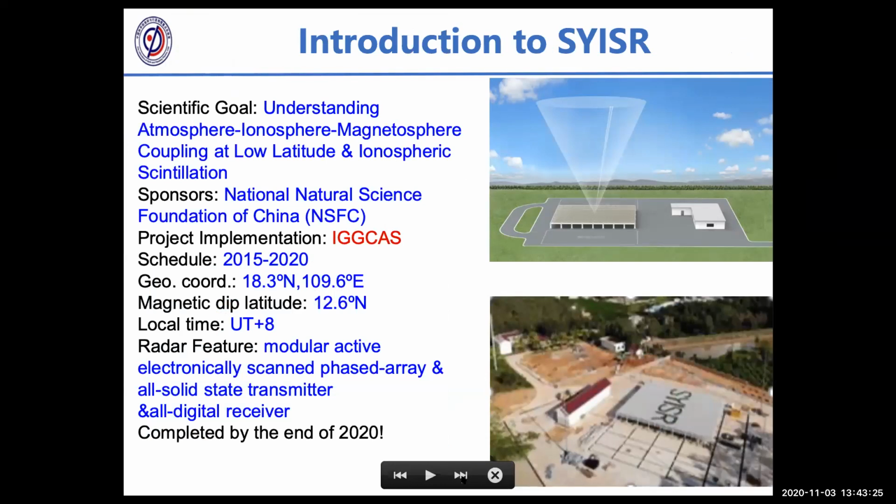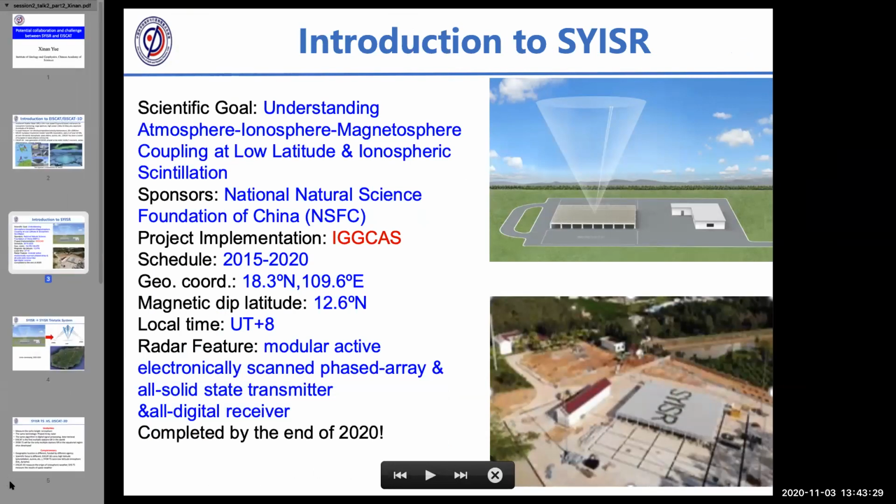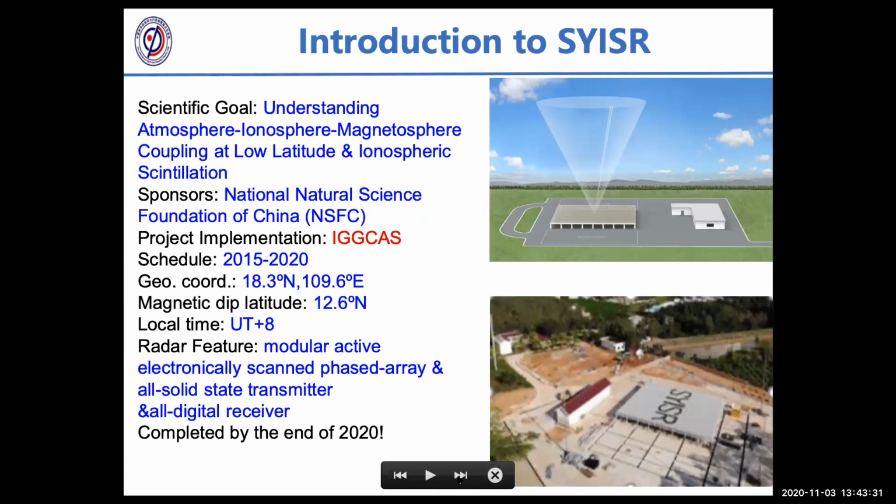So basically, ISCAT has been a brand of Europe in space science. SESAR is actually brand new to the community.